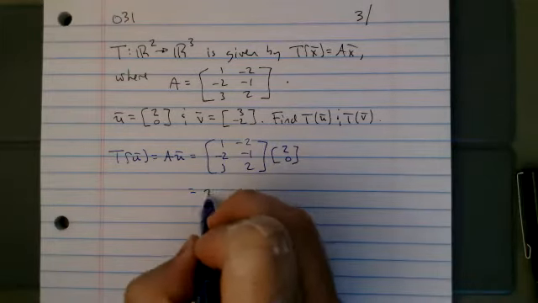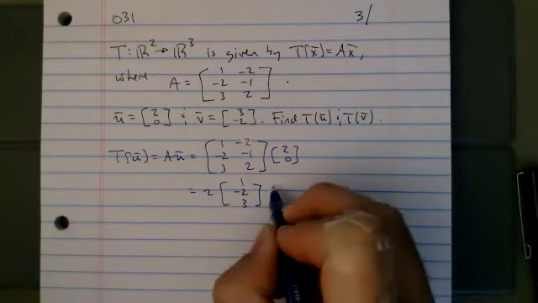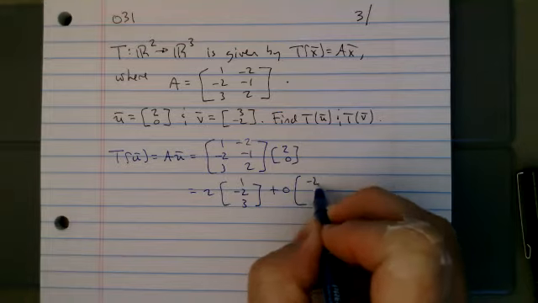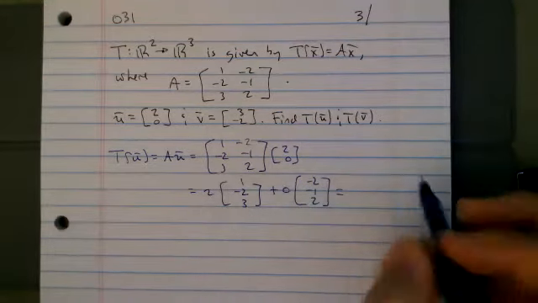So that will just be 2 times 1, -2, 3, just doing matrix multiplication, plus 0 times -2, -1, 2. So that's just going to be 2, -4, 6.